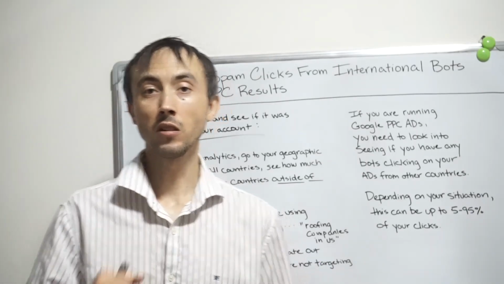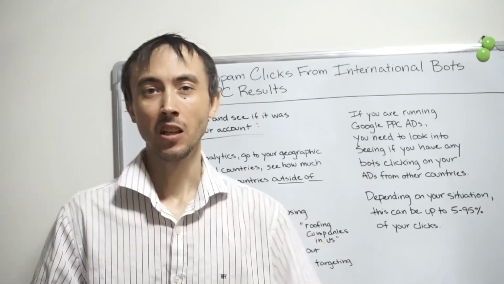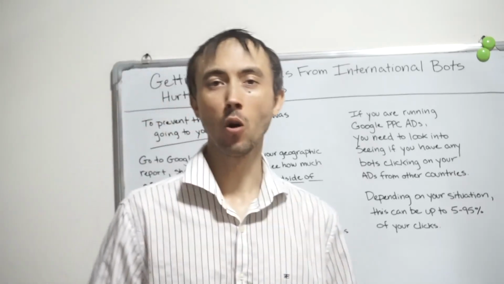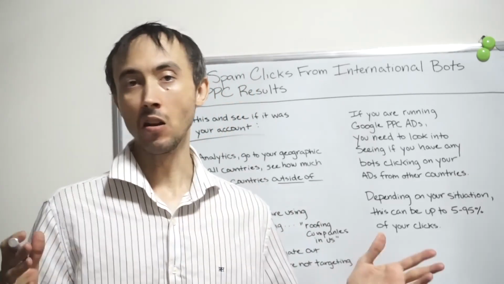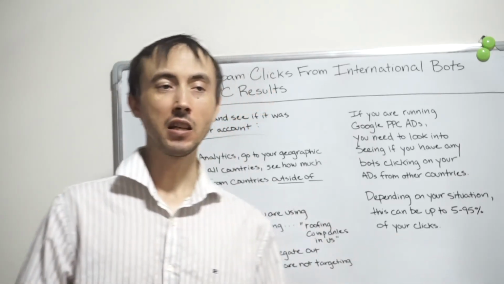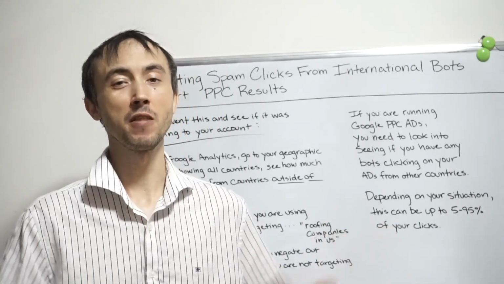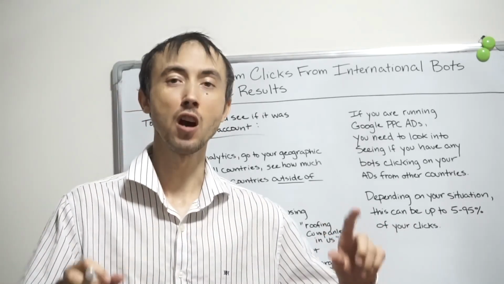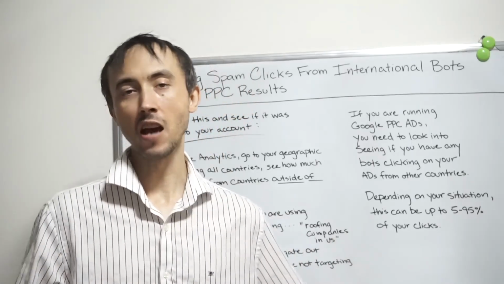Okay, today's video we're going to talk about how international bot clicks can basically take out your whole PPC Google Ads campaign in no time flat. At the very least, even if you think you've got a good campaign running already, you could be spending a good chunk of your actual ad money on these international bot clicks.